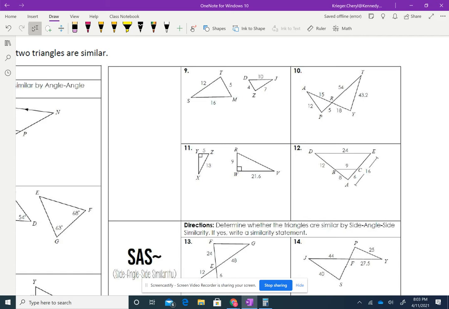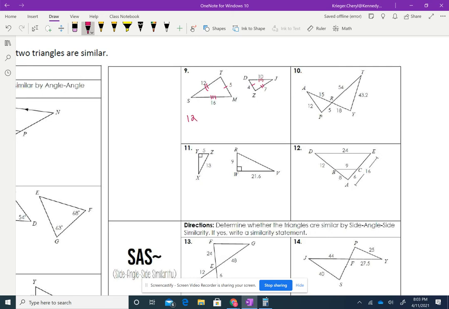Number 9. Let's see. So small with the small, middle with the middle, large with the large. Okay.